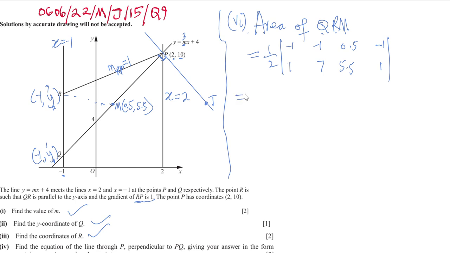So now we take the sum of the downward products. Minus 1 multiplied by 7 gives you minus 7. Minus 1 multiplied by 5.5 gives you minus 5.5. 0.5 multiplied by 1 gives you plus 0.5.